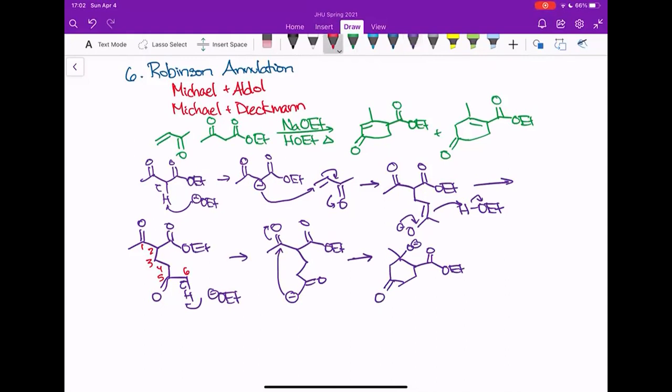I'll number the carbons again. All right, and then from this, you're going to go ahead and protonate again.